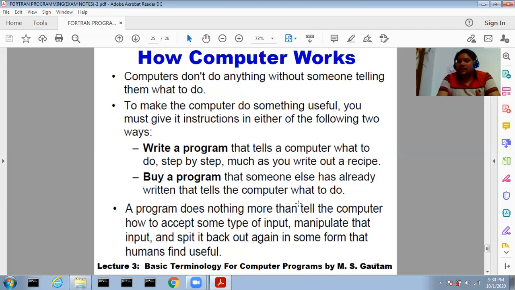In this way, either we can purchase a program or we can design our own program. So depending upon the condition, either can be used for solving a particular problem. In this way, the computer works.